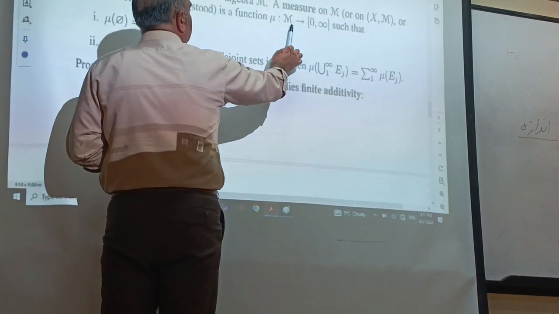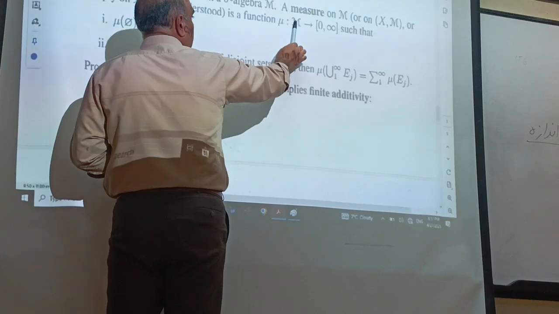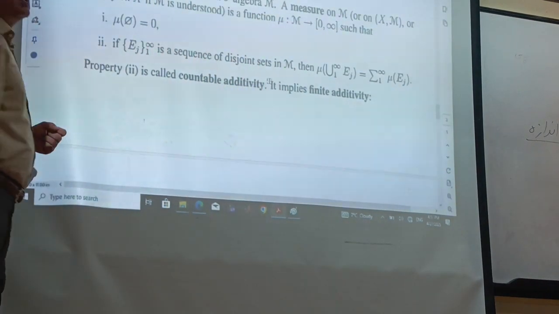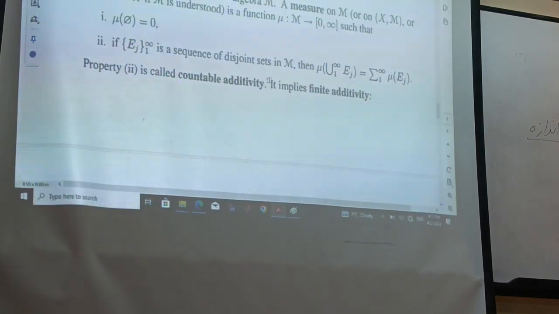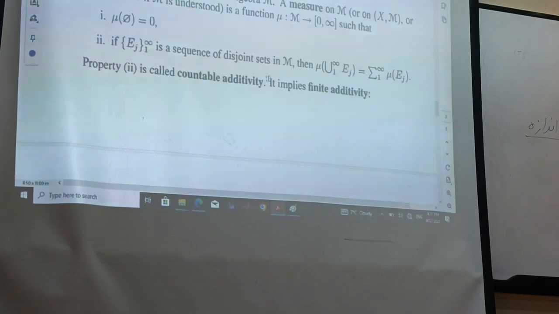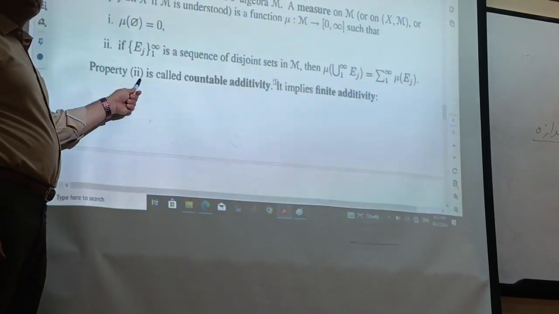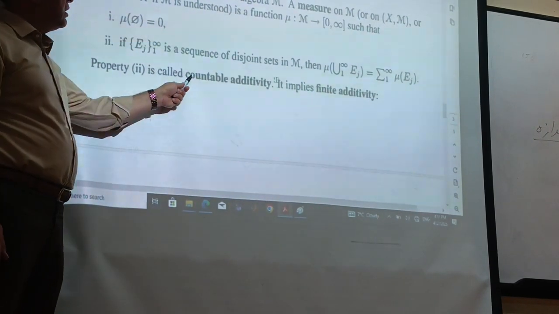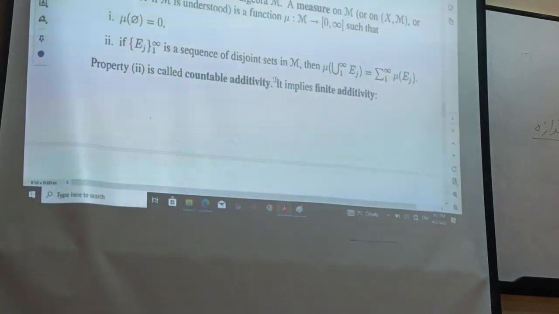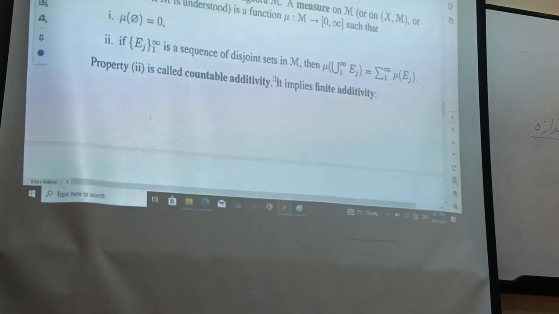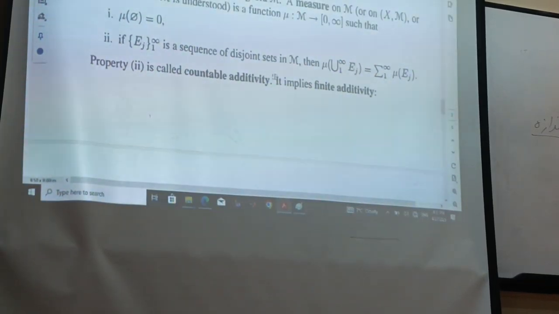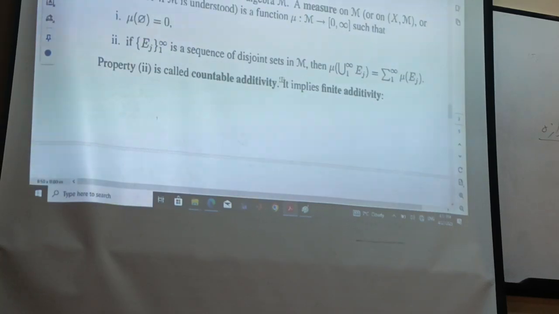A measure is defined on a sigma algebra and has two conditions. Property two is called countable additivity.